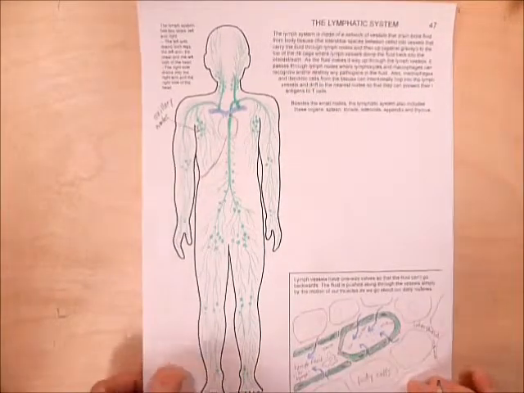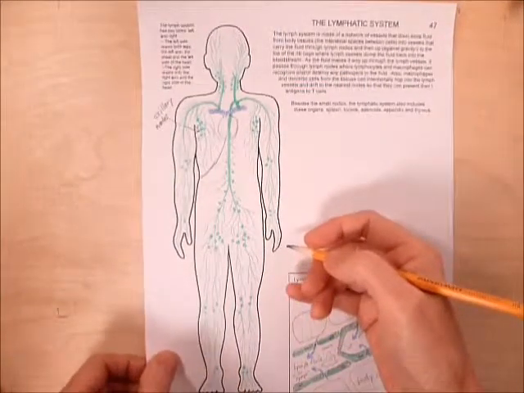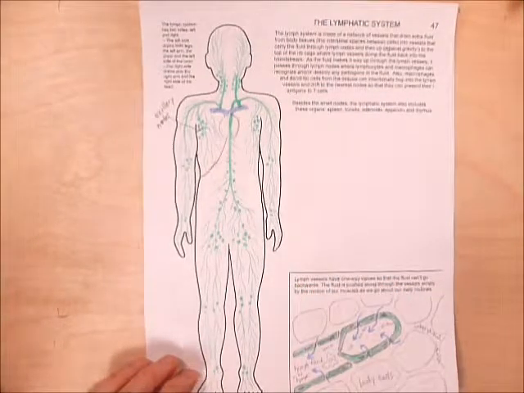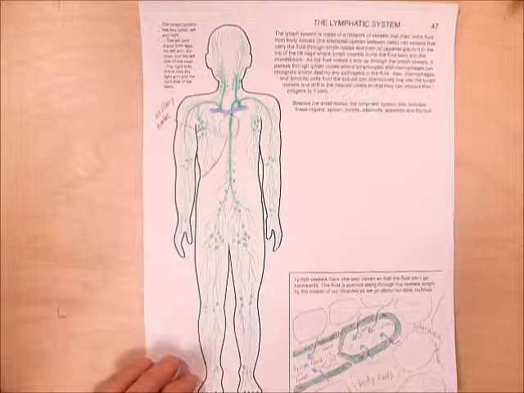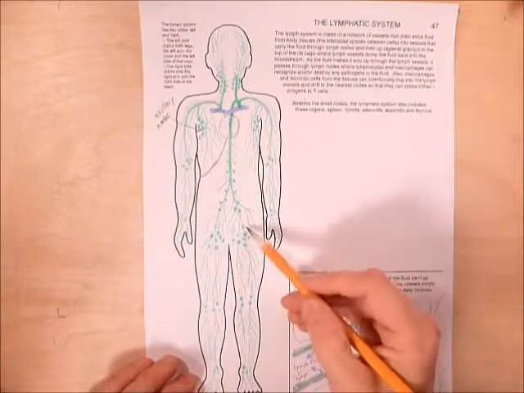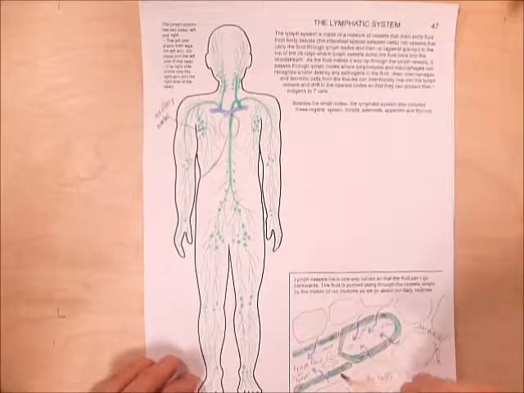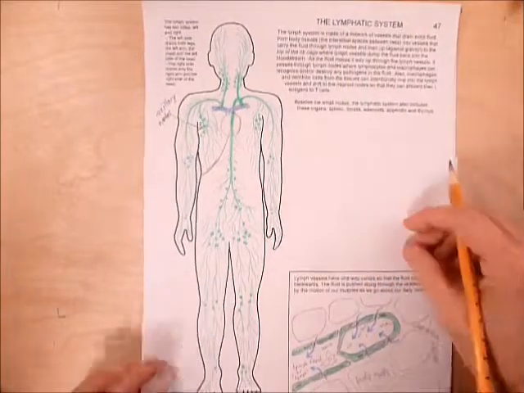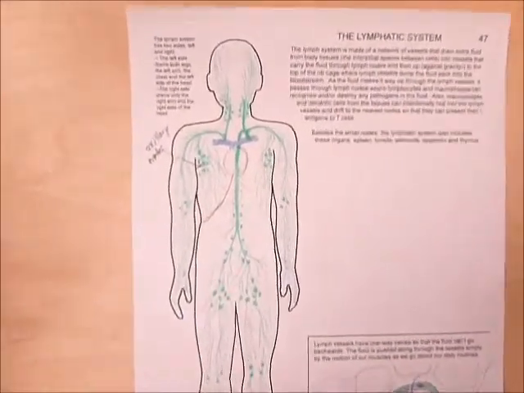Okay, now we're going to put in the organs of the lymphatic system. They call them organs, and some people call them glands, but I guess they're more properly organs. So we're going to put in, well, the lymph nodes would kind of count. We already have them in, but we're going to add, let's put in the one that we've done before.